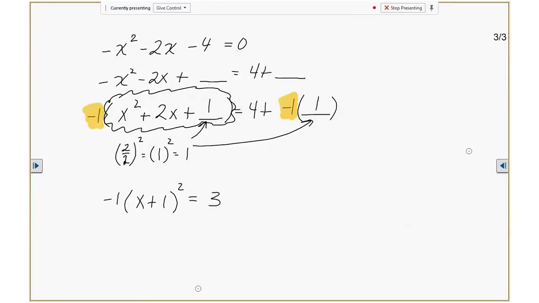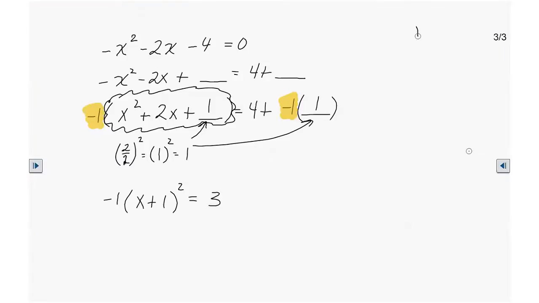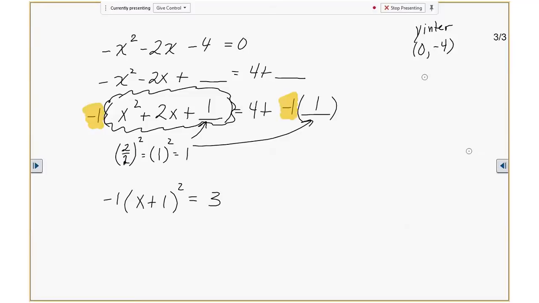Okay, I remember we got to the i, didn't we? All right, so at this point, let's see what we've got. We've got a y-intercept of 0, negative 4. And we've got a vertex of what?